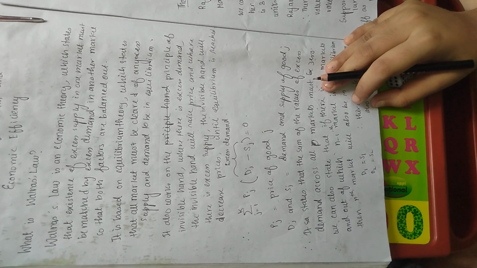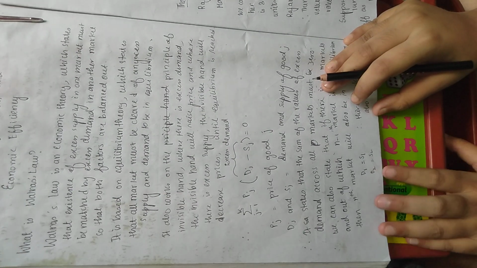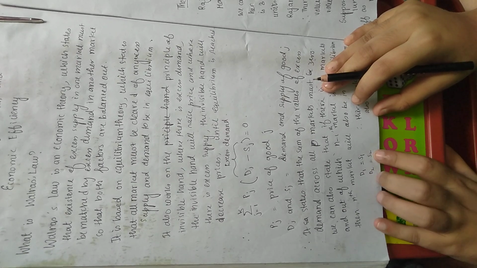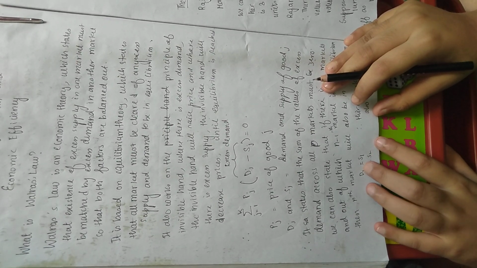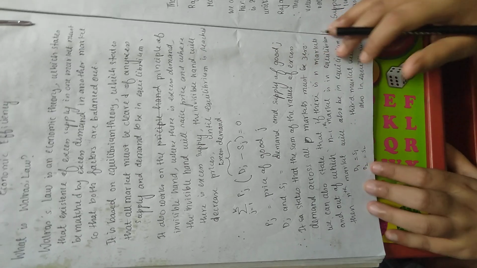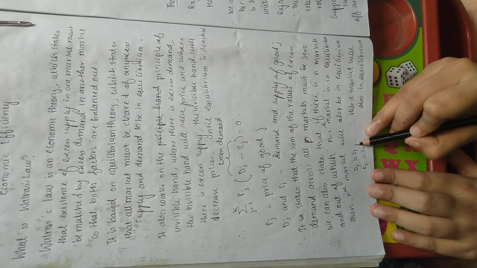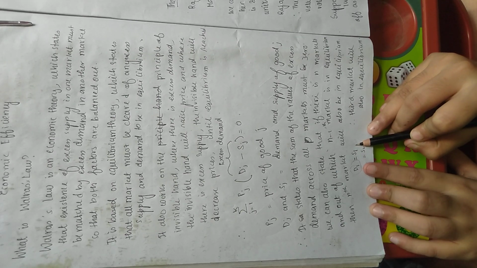It's very important. Suppose for example there are 10 markets and 9 markets are already in equilibrium. That means the 10th market will also be in equilibrium, so demand should be equal to supply. Otherwise equilibrium can't be reached.